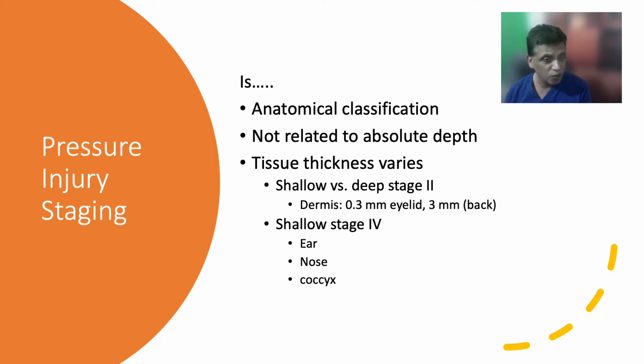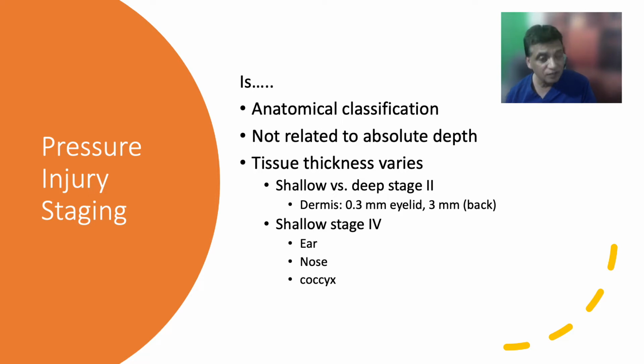Same goes for a pressure injury on the bridge of the nose due to medical related devices, for example. And a common mistake one notes in clinical practice is a pressure injury on the coccyx. It's not uncommon that there's an injury about 2 to 3 millimeters deep that is labeled as stage 2, when in fact it extends down to the fascia.